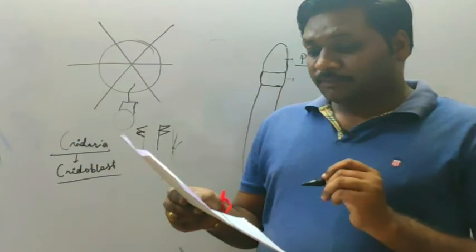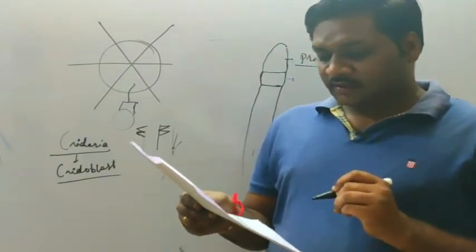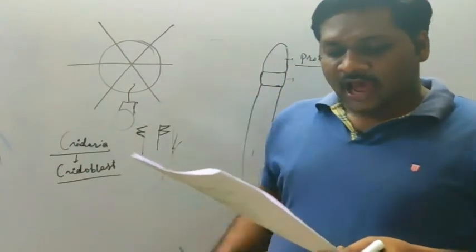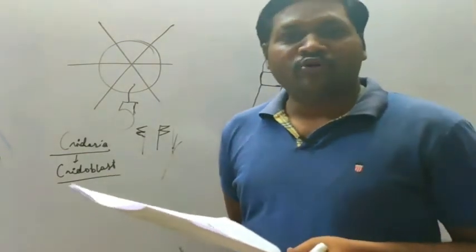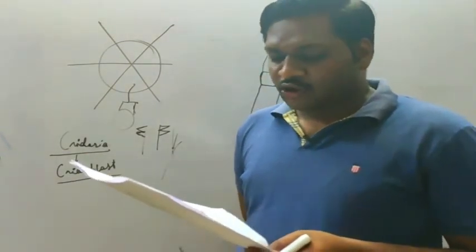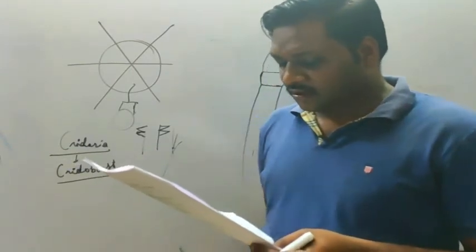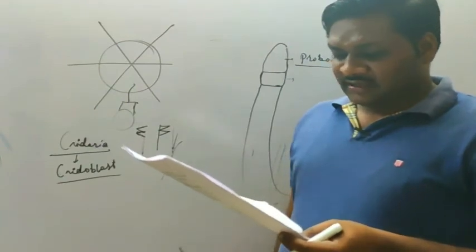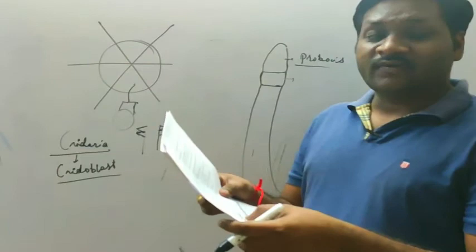The next, does this animal have a nervous system? Of course they have a nervous system. The next, how many germ layers does this animal have? These are diploblastic. Then how many openings does this animal's digestive system have? It has only one opening. Sorry, it is not a squid, it is the structure of Hydra.